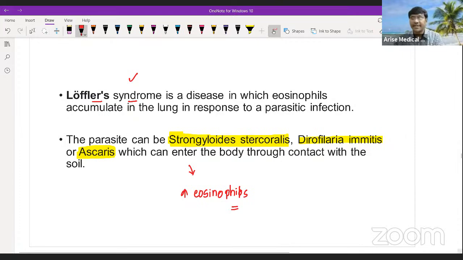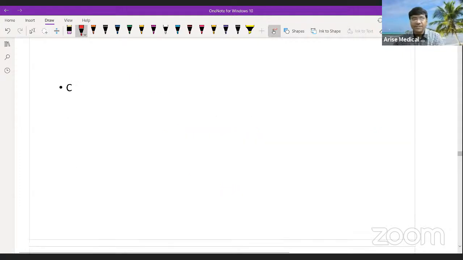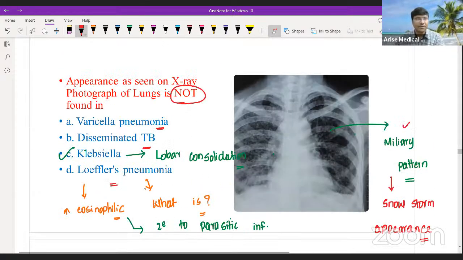All right. Next. Now, you see this question. This question is on the miliary pattern of the chest X-ray. Now, the other point is you take disseminated tuberculosis.